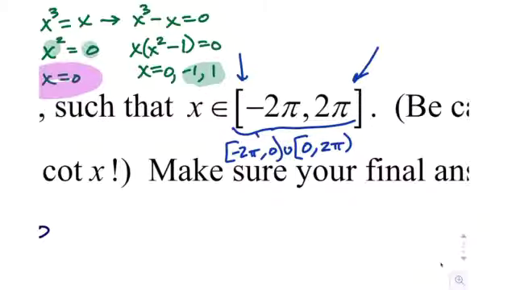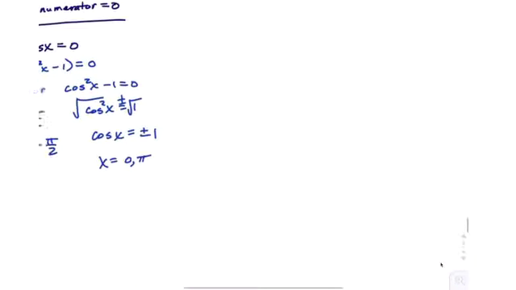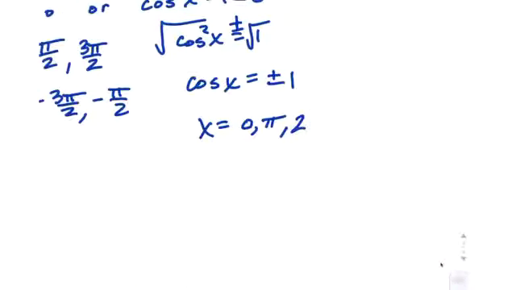So we can go all the way up to 2 pi. So 0, pi, and 2 pi. And now I'll subtract a full rotation. 0 minus 2 pi is negative 2 pi. Pi minus 2 pi is negative pi. And 2 pi minus 2 pi is 0, which I already have.